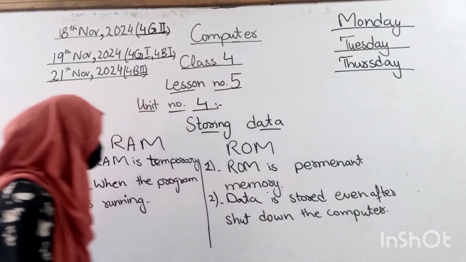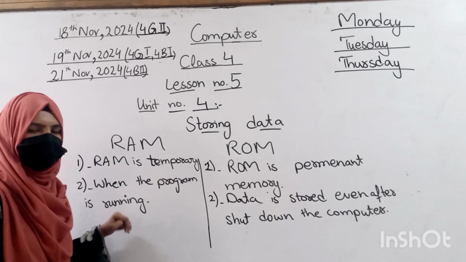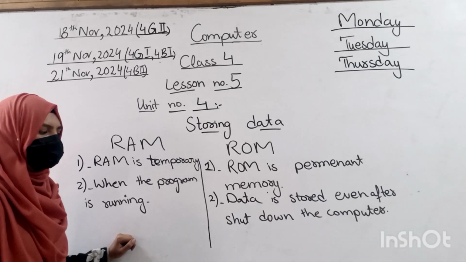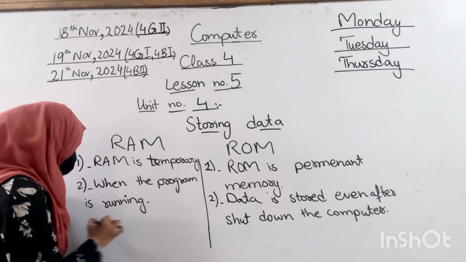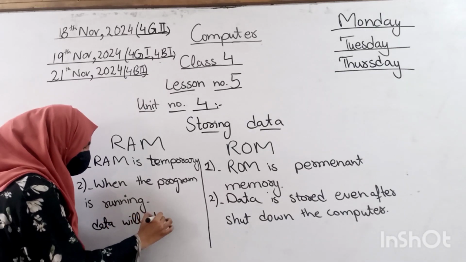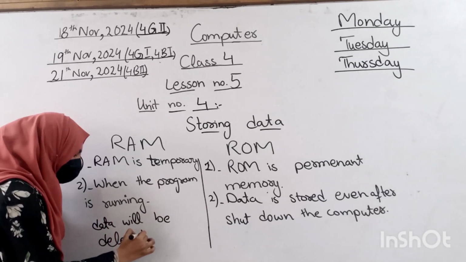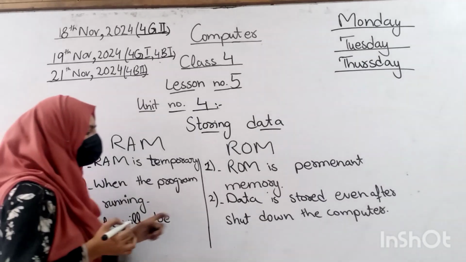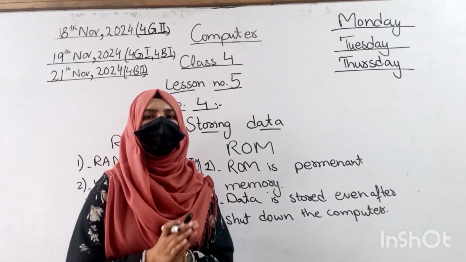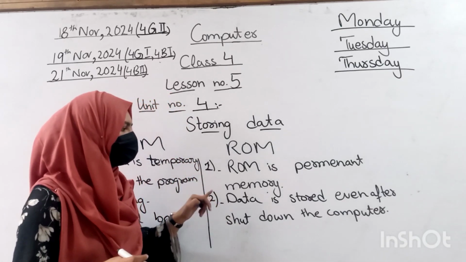So when the program is running, the data is stored in the RAM memory, or suddenly if the electricity is gone, the data will be deleted. It will be lost. And if you have stored data in the memory of ROM, even if you shut down the computer, even if the electricity is suddenly switched off, your data will be stored in the memory of ROM.